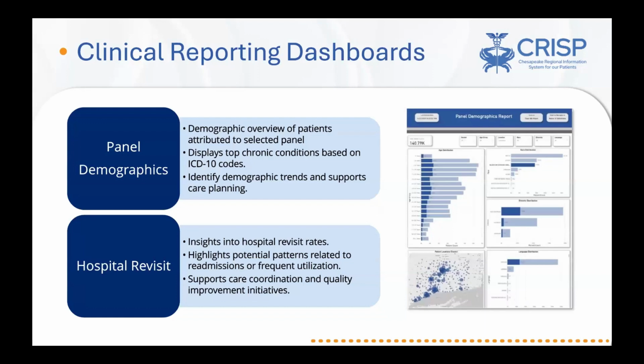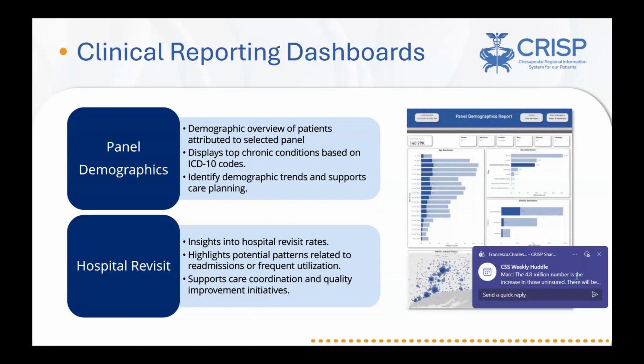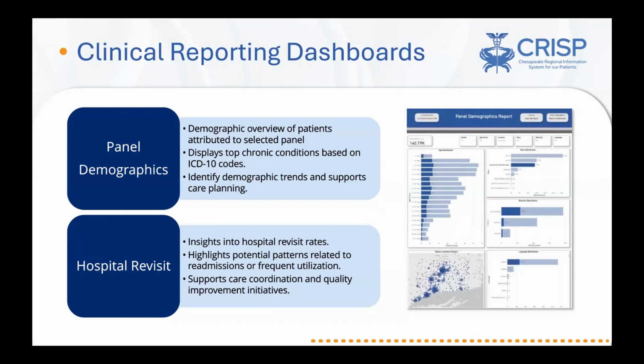Our panel demographics dashboard provides an overview of patients from the selected panel. It displays the top chronic conditions based on the ICD-10 codes within the ADTs and CCDs, and allows for individuals to identify demographic trends and supports for care planning and care coordination.